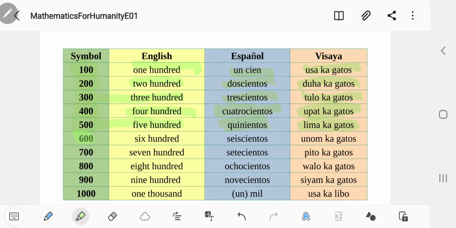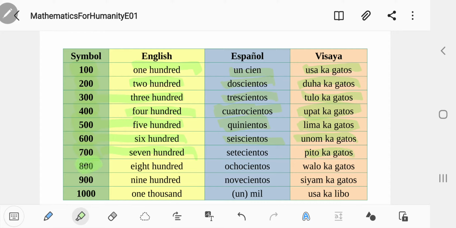And then here for 600 in English, in Espanol, 600. Sa Bisaya, 6 ka gatos. Then you have this symbol for 700 in English. En Espanol, 700. In Bisaya, 7 ka gatos.